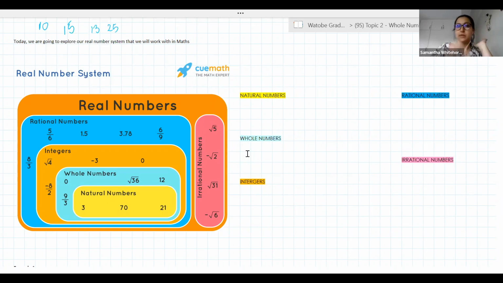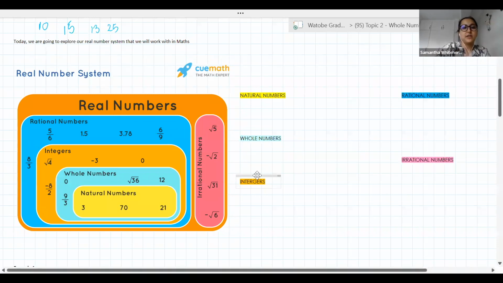Now, most of you would have done this number system before, so I'm actually going to ask you guys to help me out here as we go along. Your number system is basically categories or groups of numbers that we can put different numbers into. Now, some numbers can fall into multiple categories.